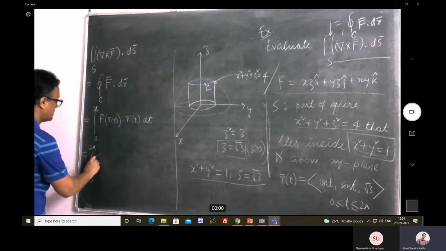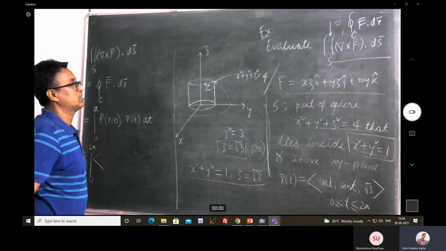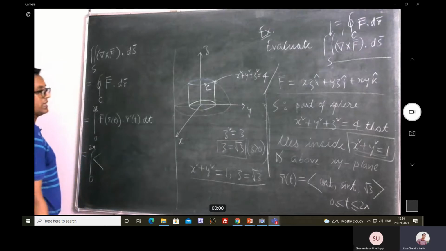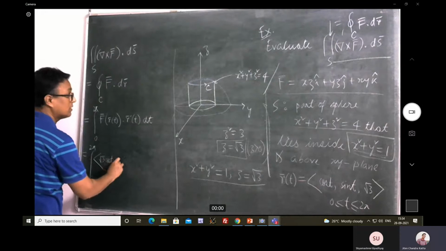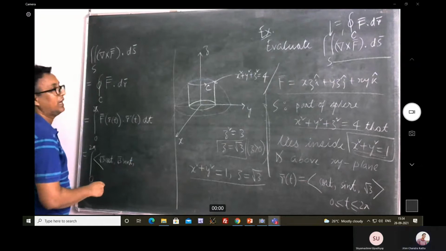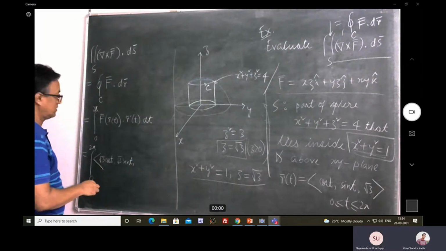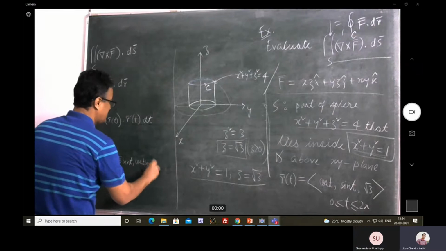And let us write down what is F in terms of that parameterization. So it is x j, so that is 3 cos t plus root 3 sin t, root 3 sin t and sin t cos t, cos t sin t.